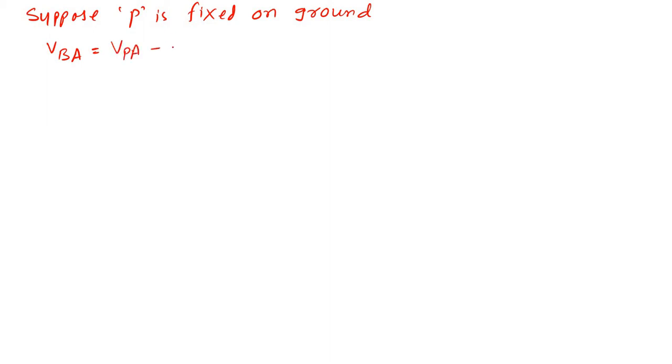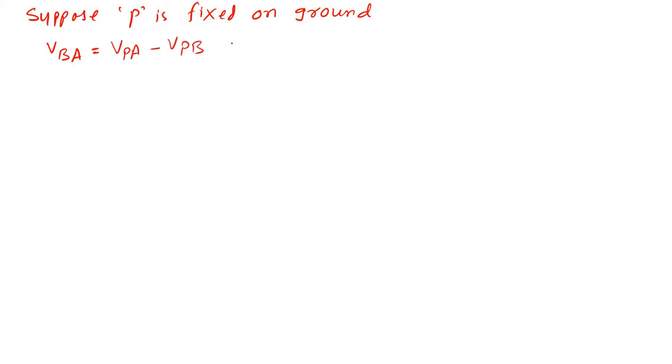Now the situation can be slightly different. In the same diagram, suppose P is fixed on the ground and A and B are moving with velocities, right? So we already have the equation that VBA equals VPA minus VPB.